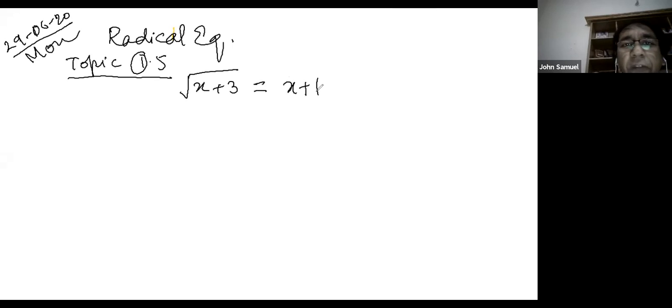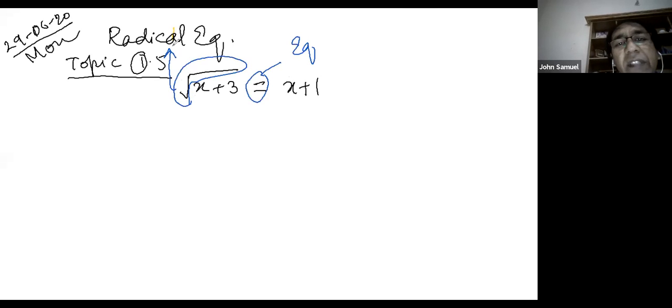Make sure of the first thing I'm revising: due to this equality sign, it is called an equation. Due to this radical sign, it is called a radical equation. So this is the radical equation, and this is your expression.